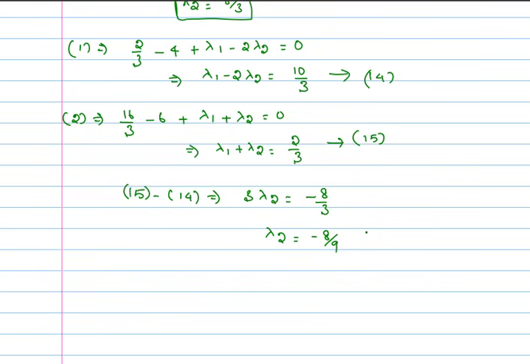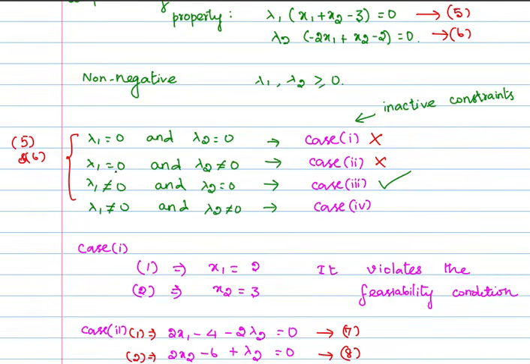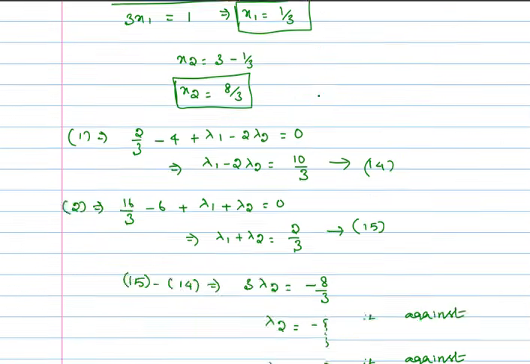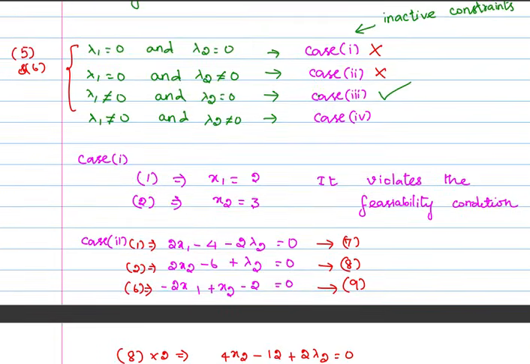It is against the non-negativity of lambda j. That is one condition, correct? Lambda 1 and lambda 2 must be non-negative. So if you go further and find lambda 1, that is meaningless. So it violates the condition. So only case 3 is our actual one.